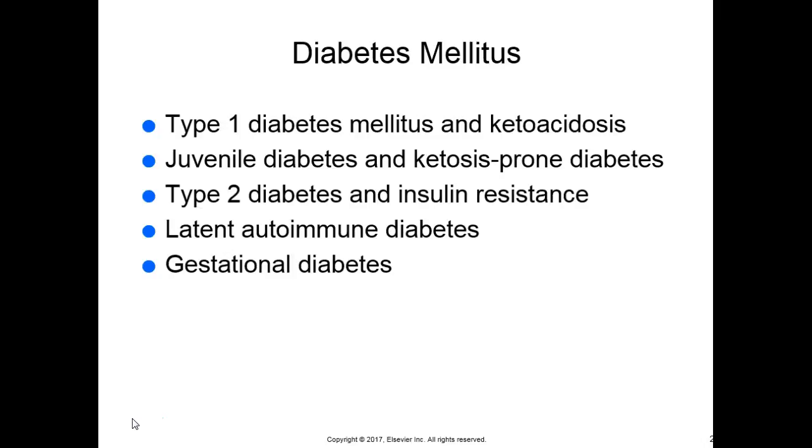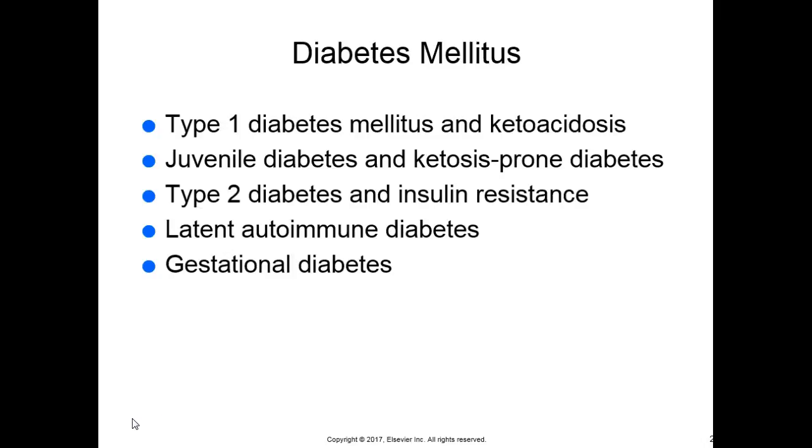It starts breaking down proteins and fats, which results in the production of ketones, and this leads to ketoacidosis, which actually is metabolic acidosis. Type 1 diabetes is more likely to develop early in life. It used to be called juvenile diabetes or ketosis-prone diabetes.